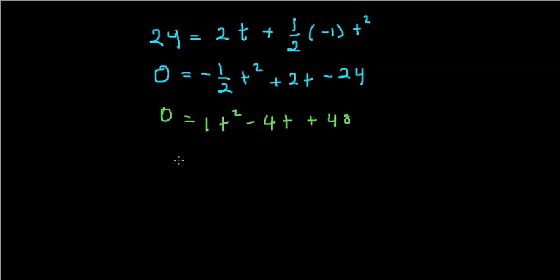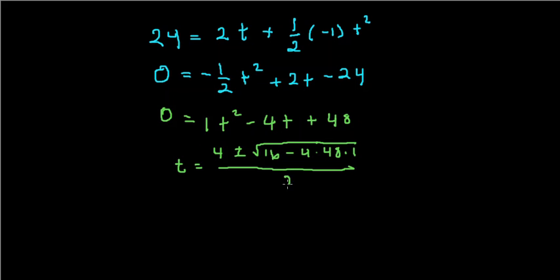So instead of x, we say t is equal to -b, so -4, plus or minus the square root of 4 squared minus 4 times 48 times 1, all divided by 2, because 1 times 2 is 2. So just by looks of it, 48 in and of itself is greater than 16. So 4 times 48 will definitely give an imaginary number.